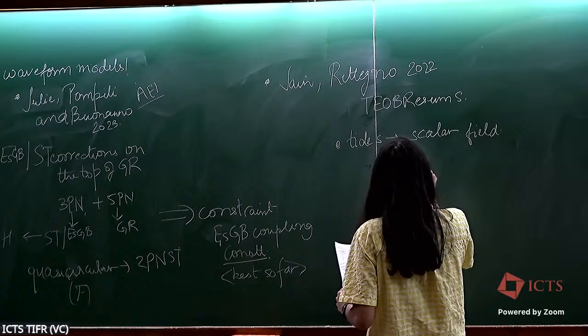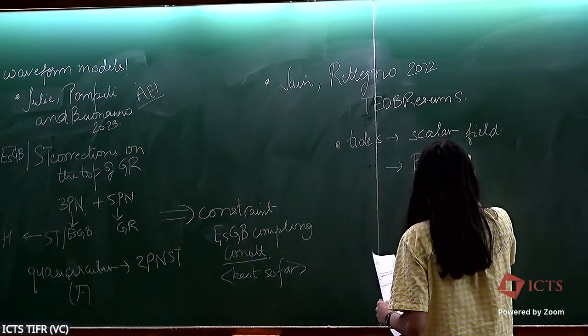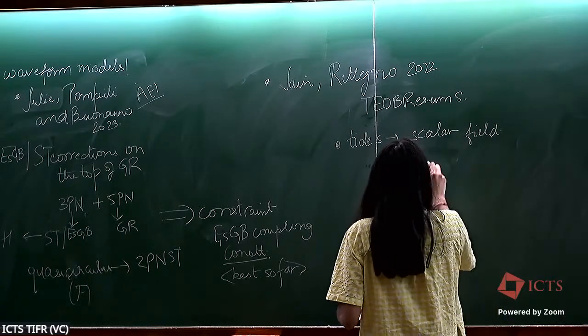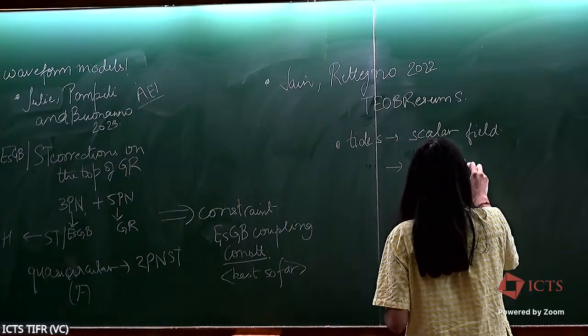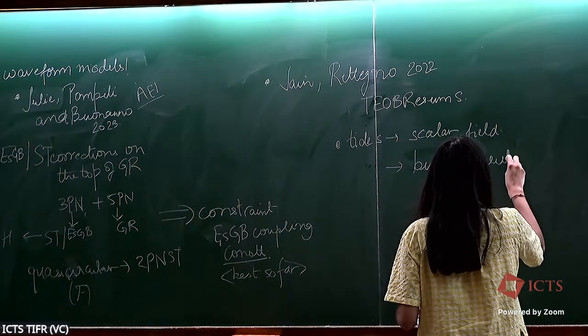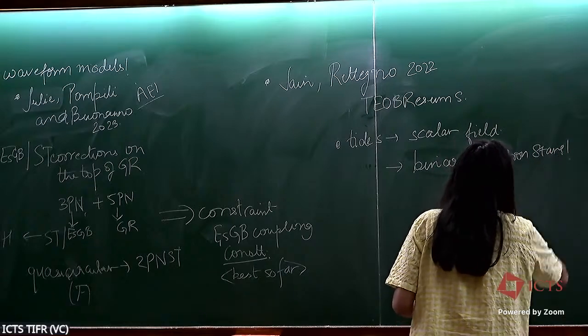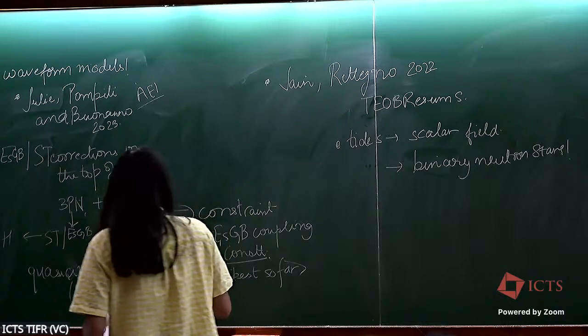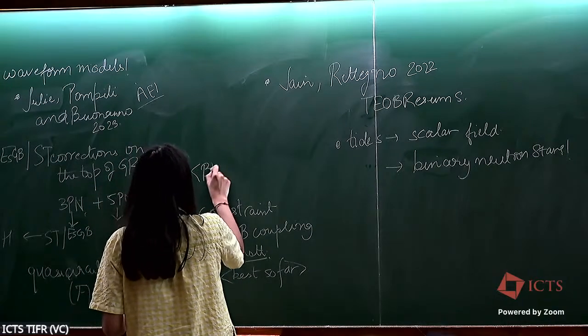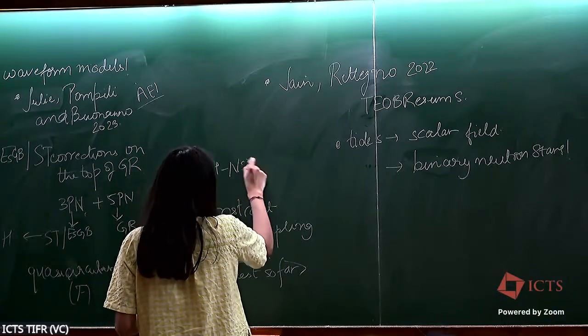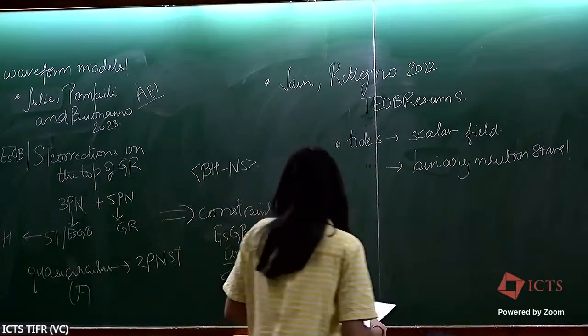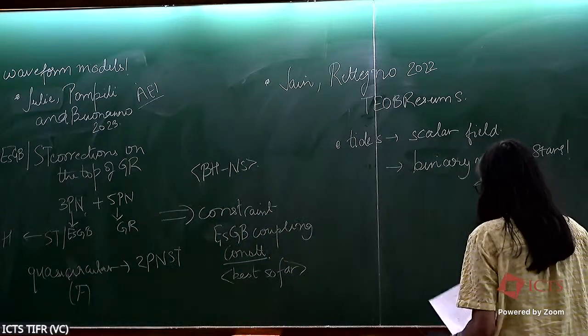And this has been used for binary neutron star configurations. And this has been used for mixed binaries like black hole neutron star, but without any tidal information from the scalar part.